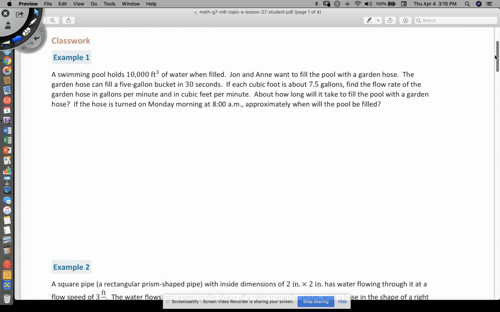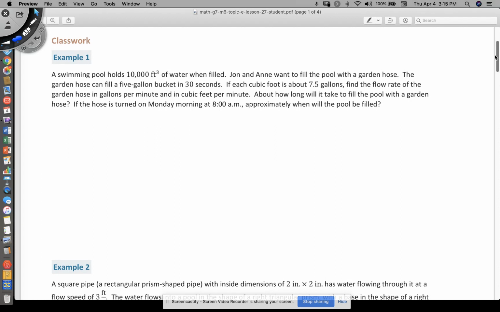If each cubic foot is about 7.5 gallons, find the flow rate of the garden hose in gallons per minute and in cubic feet per minute. How long will it take to fill the pool with a garden hose? If the hose is turned on Monday at 8 a.m., approximately when will the pool be finally filled?